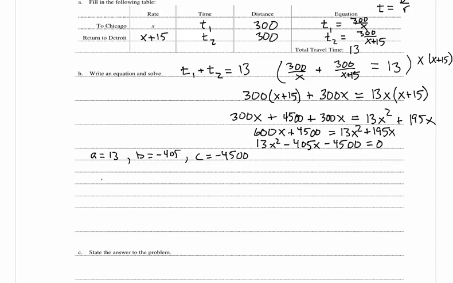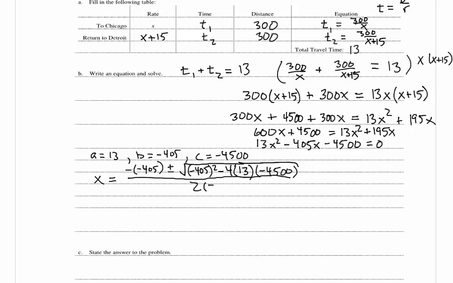So we have x is equal to negative b, so negative negative 405, plus or minus the square root of negative 405 squared minus 4 times a, which is 13, times c, which is negative 4,500, all divided by 2a, which is 2 times 13.